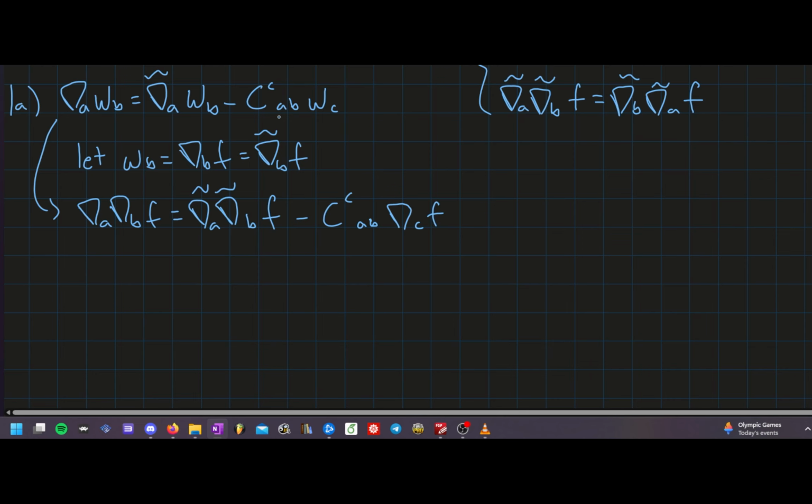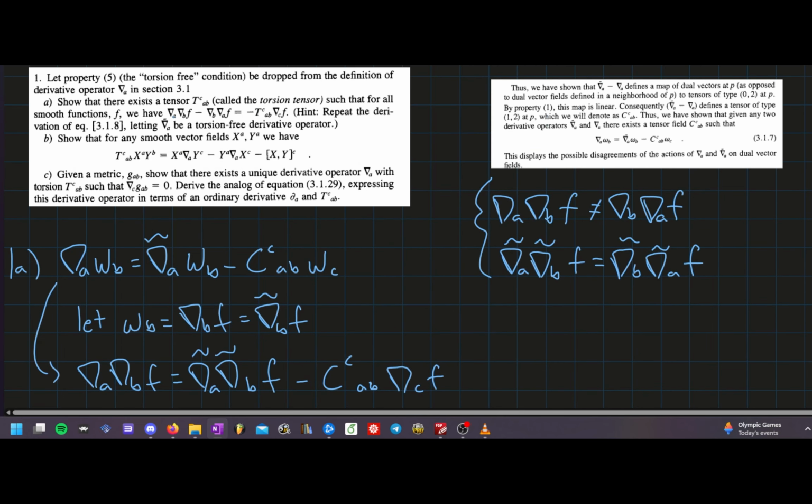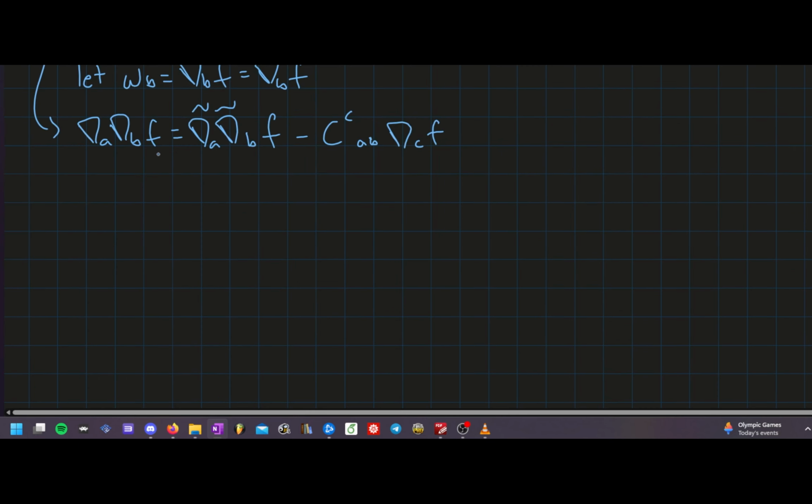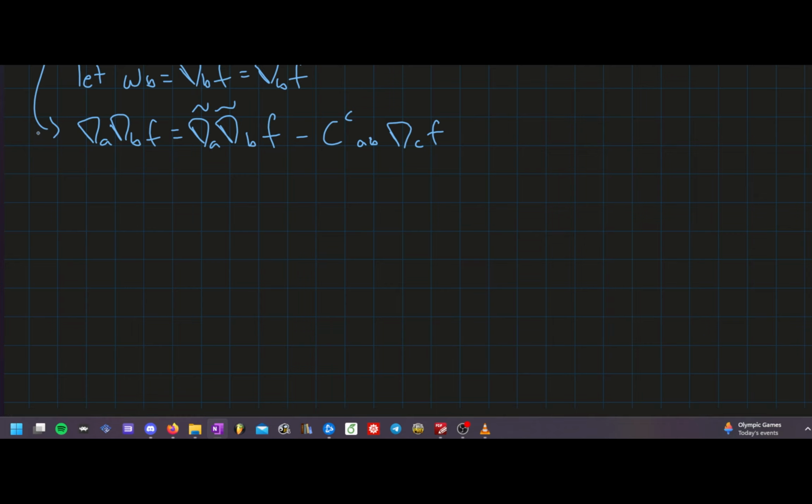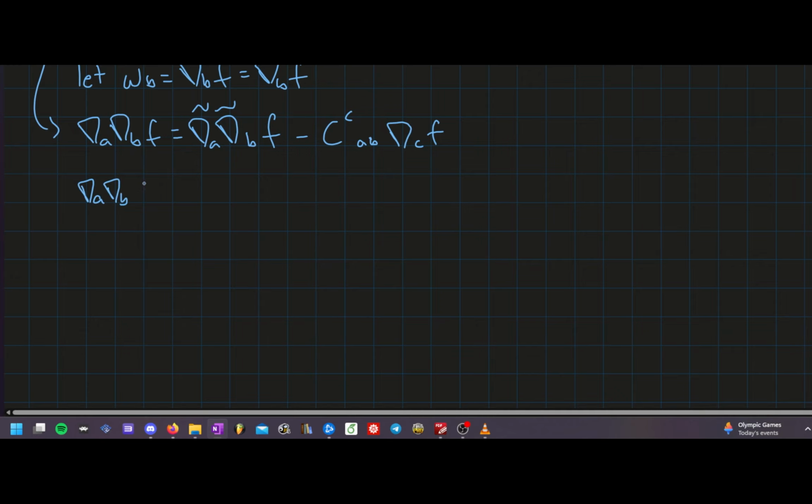Now remember, we're looking for an expression that has this on the left-hand side, the nabla A, nabla B of f minus nabla B, nabla A of f. So let's take this equation and subtract it from itself, where the subtracted version has the b's and a's flipped. So that's going to look like this. Nabla A, nabla B f minus nabla B, nabla A f. So we have the same thing with the tildes here.